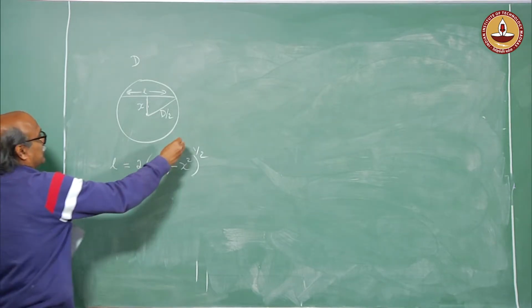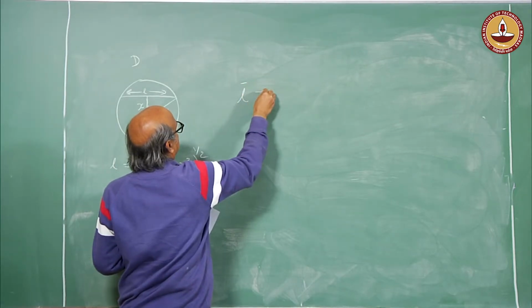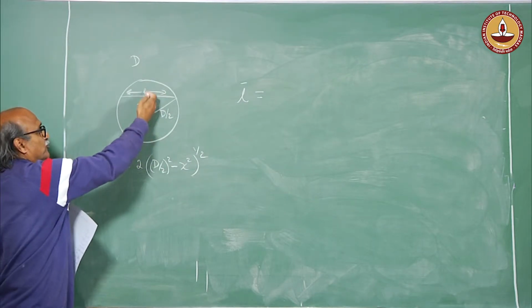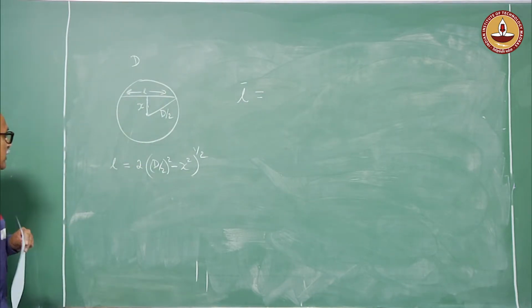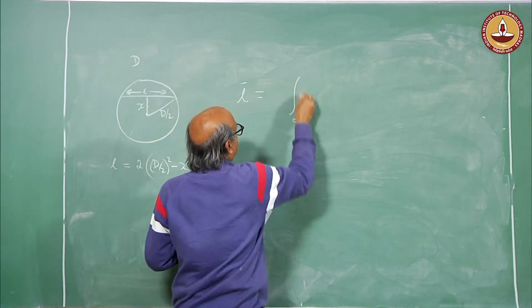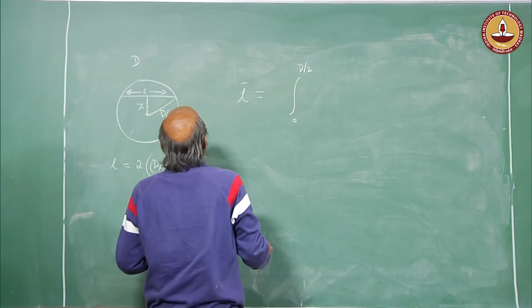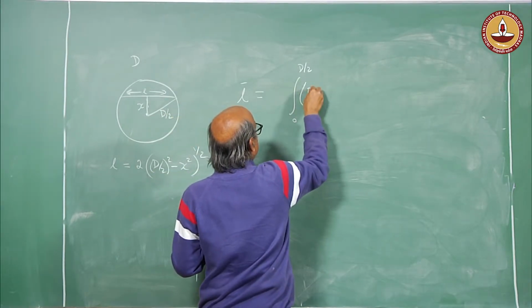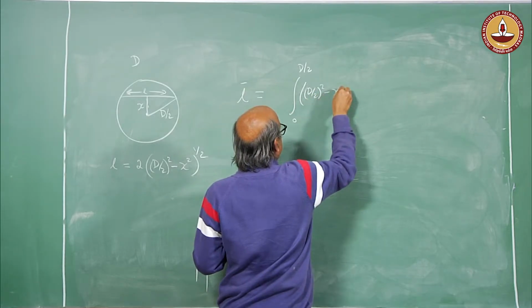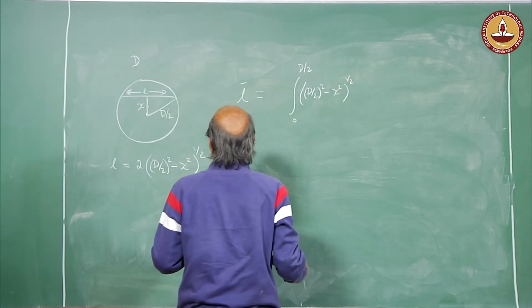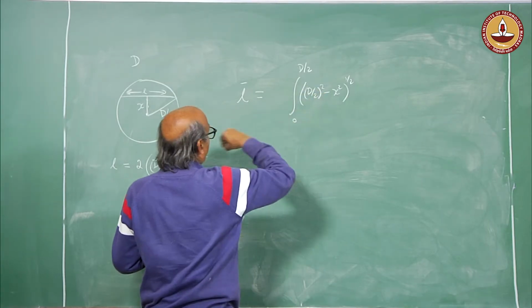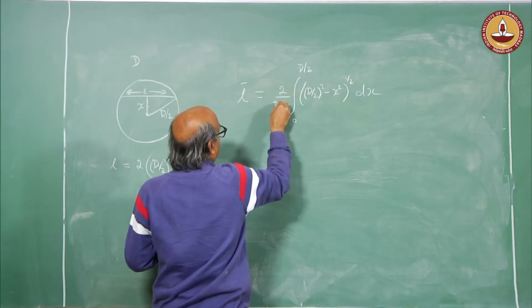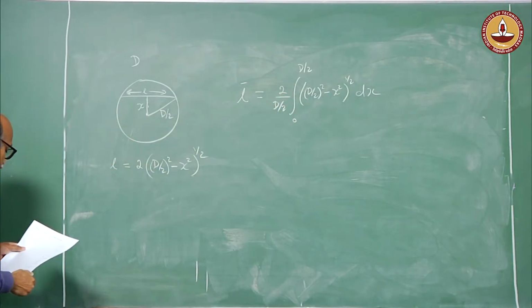Then we go through this exercise of finding out the mean intercept length L bar. I need to integrate over all possible values of x going from 0 to d by 2. This factor of 2 can come out, and out here it is d upon 2.